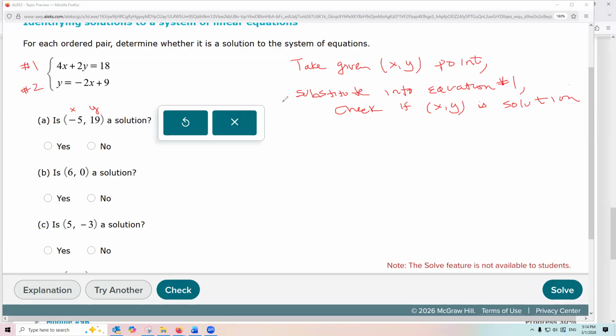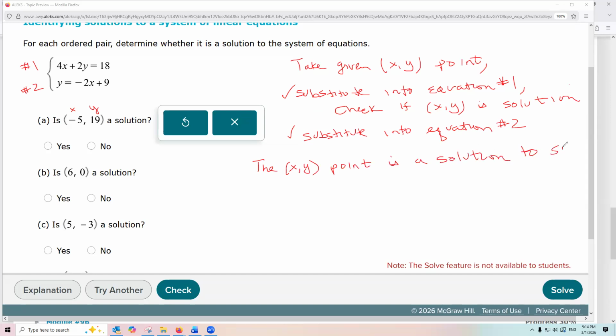Do the same thing with equation 2. Substitute the X, Y into equation 2 and check if it's a solution. The given X, Y point is a solution to the system only if the X, Y point is a solution to both equation 1 and 2.